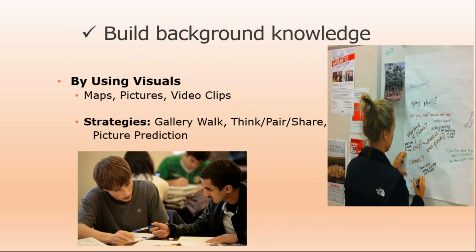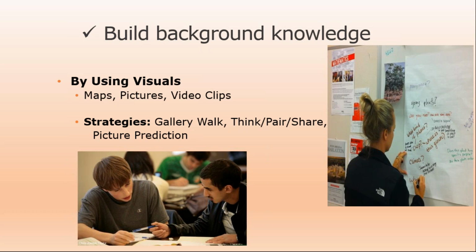So, build background knowledge. Honestly, sometimes this seems like common sense, but I want us to be intentional about thinking about when we use a variety of text, whether that's a primary source letter or our textbook or any type of written document, it is always helpful to build background knowledge before you go to the written text. So what do I mean by that?